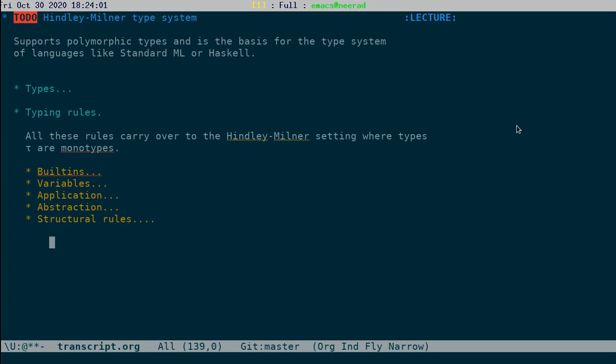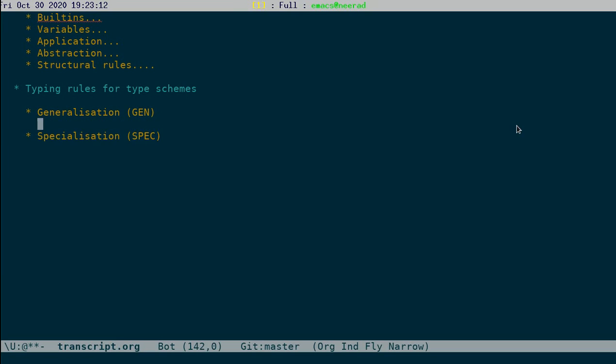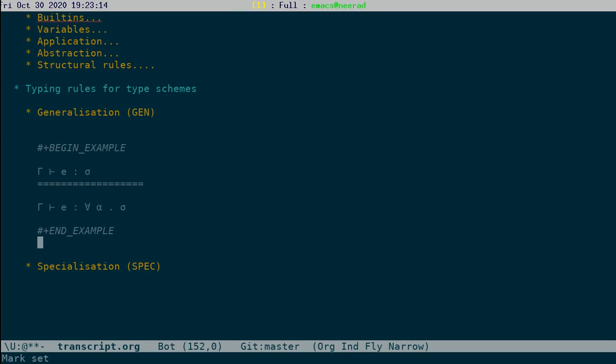How do we prove judgments of the kind E has type sigma for some type scheme? There are two rules. One is the rule of generalization and the other is the rule for specialization. We will call it gen. The generalization rule is the following. Suppose we manage to prove that under the assumption gamma, E has type sigma. Then from this we can move to a more general type for E, which is for all alpha sigma.